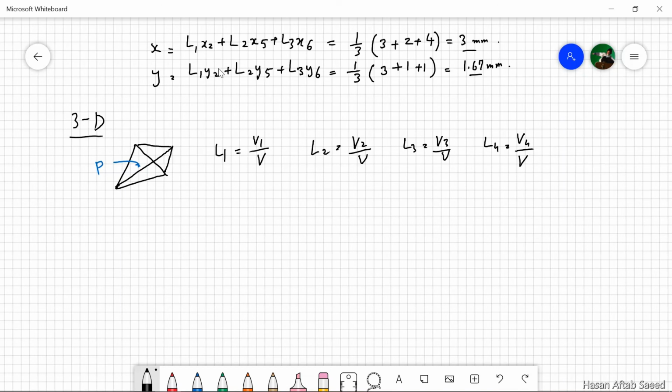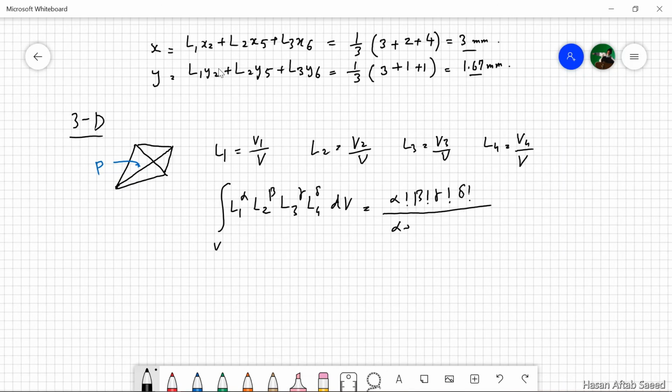And as far as the integration formula is concerned, the volume integral will take this form: L1 alpha, L2 beta, L3 gamma, L4 delta, dV, equals alpha factorial, beta factorial, gamma factorial, delta factorial over alpha plus beta plus gamma plus delta plus 3 factorial into 6V.